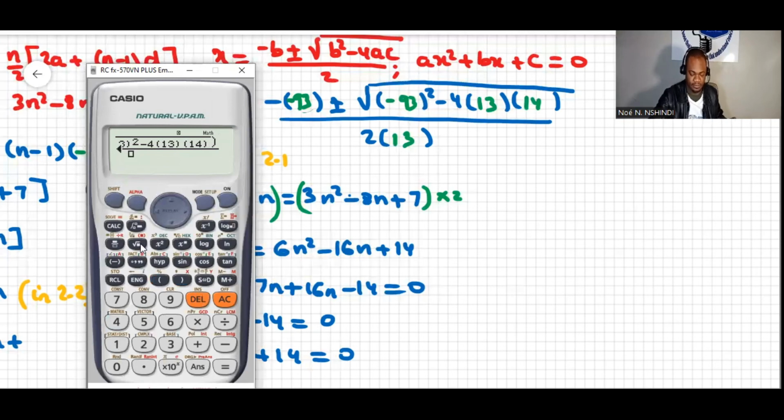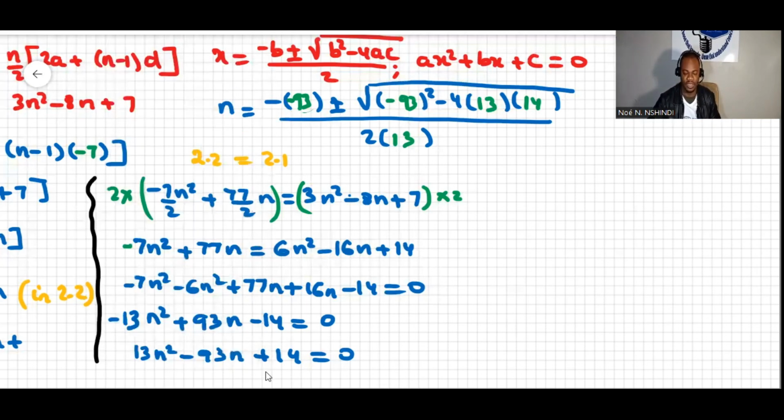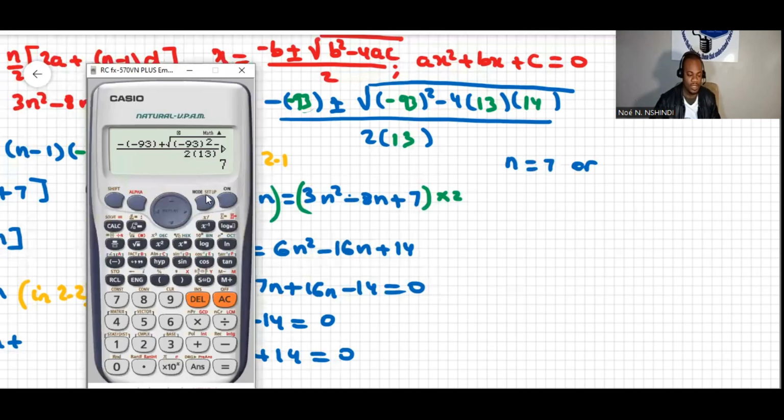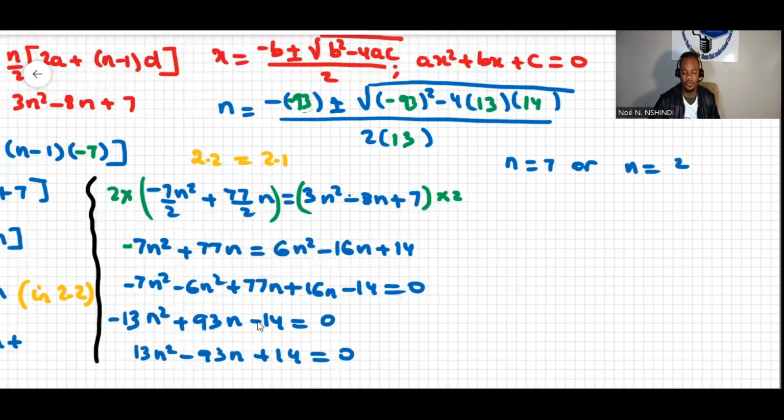Now over 2a, 2 open bracket 13 close bracket. When we hit equals, we have n equal to 7, one of the values. We can also work out the other with the negative, so I'm going to change the plus to minus, and n equals 2 over 13.